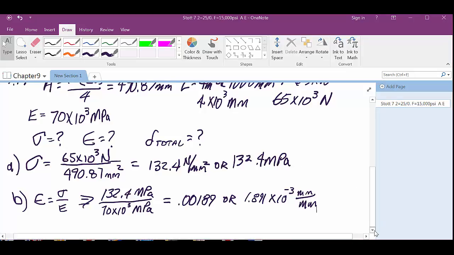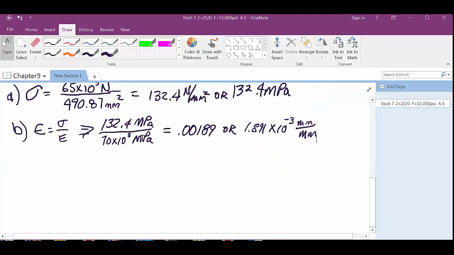So again, I had to find the stress to figure out what the strain was. We had the modulus. Now for C, we have to use that to find out what the deformation is, right?